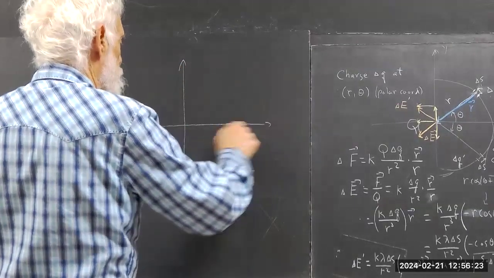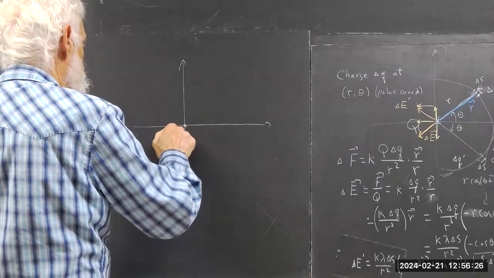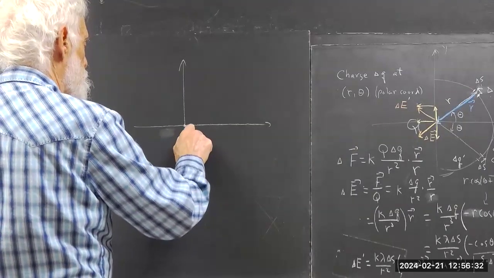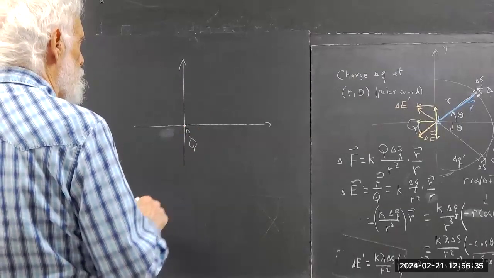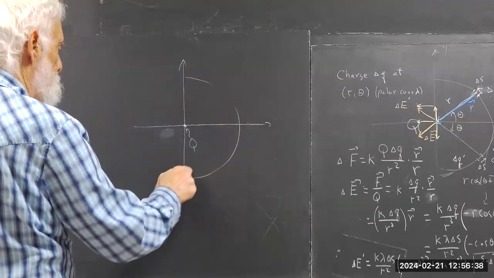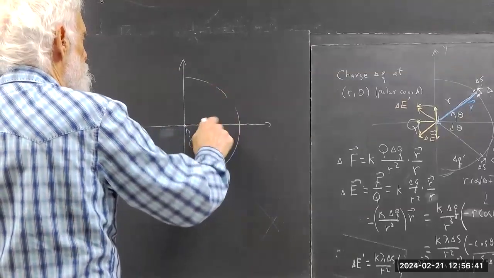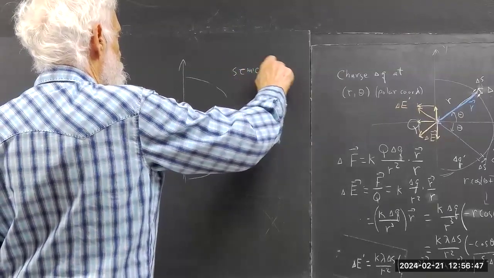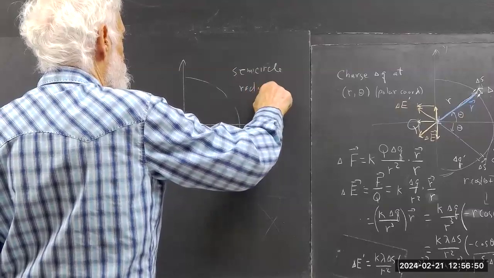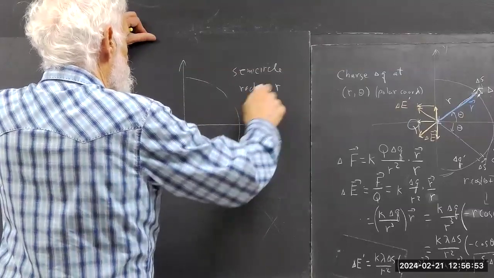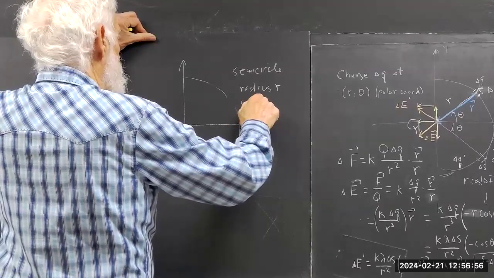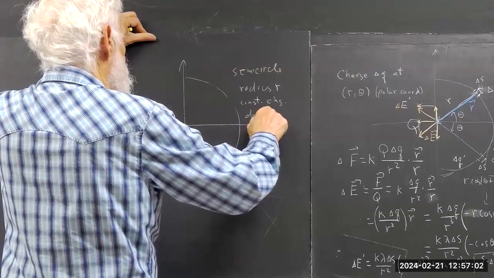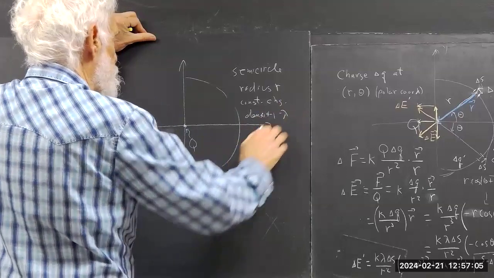Here we have our x and y axes. Here we have a test charge, capital Q. Here we have our semicircle, radius R, times the charge density lambda.